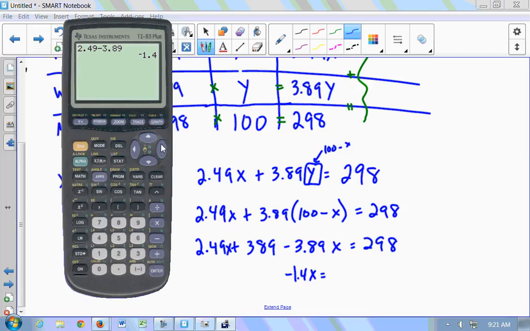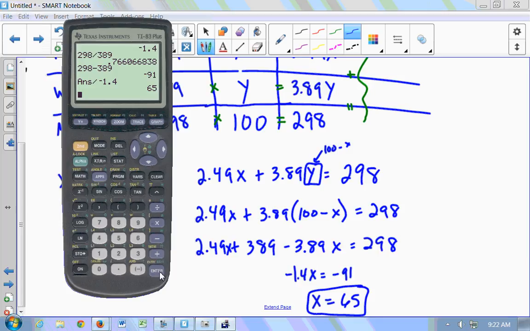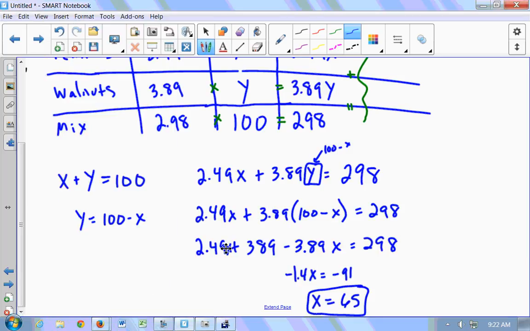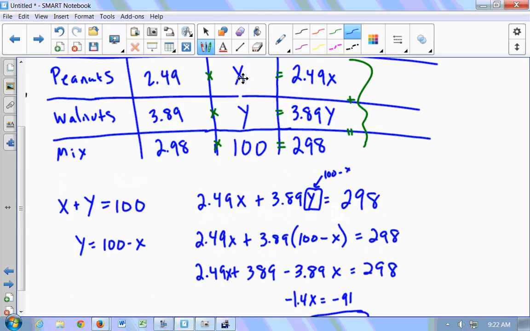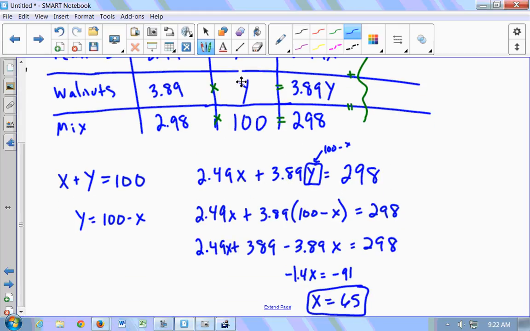And then I'm going to take 298 and subtract 389. Negative 91. So x is 65. All right, so that means that x represented the number of pounds of peanuts. So it's 65 pounds peanuts.